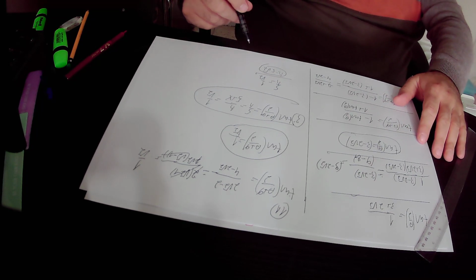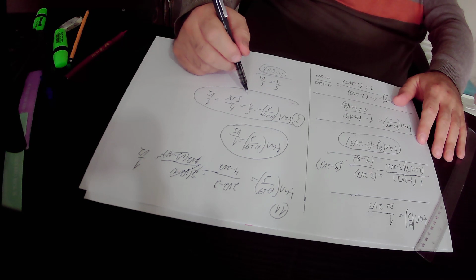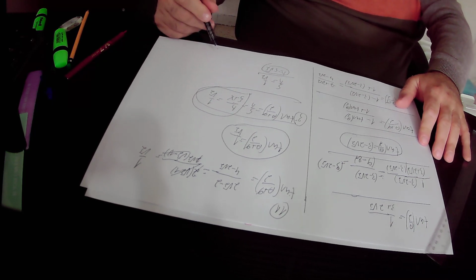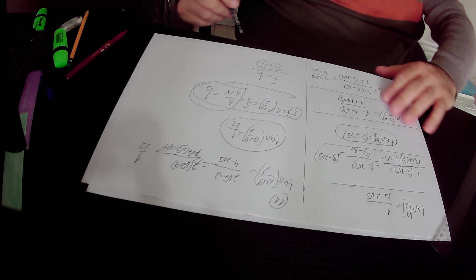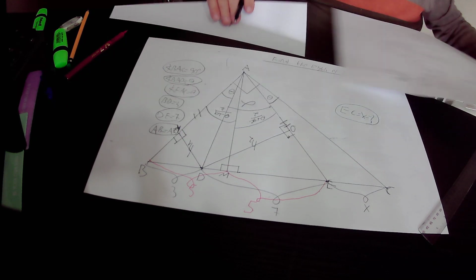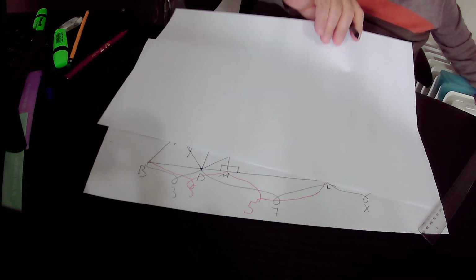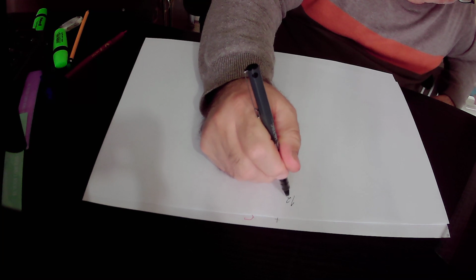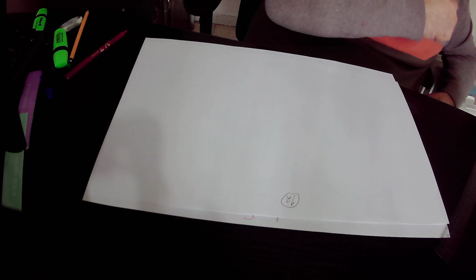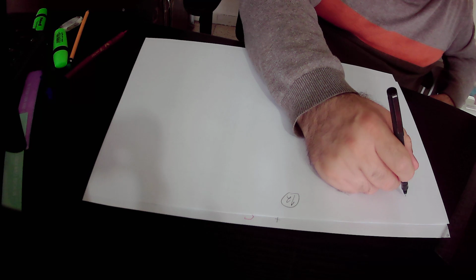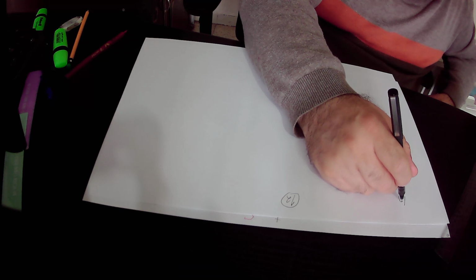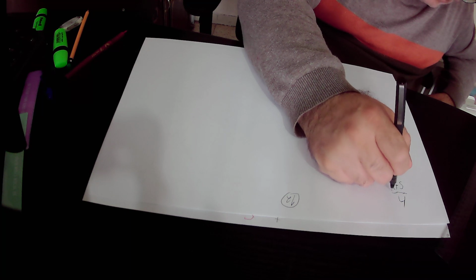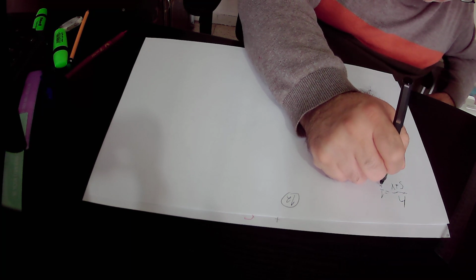And we also create this equation that states that h over 5 plus x equals 1 over square root of 2.